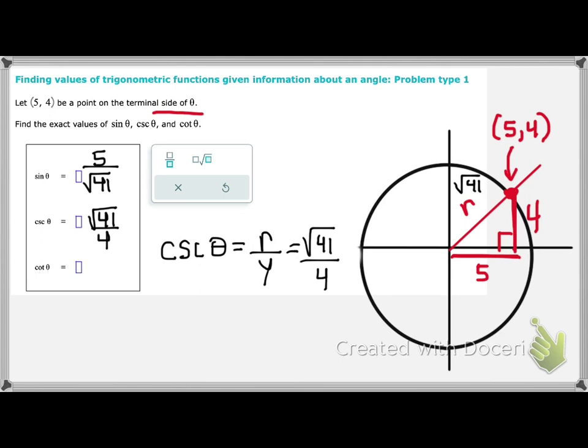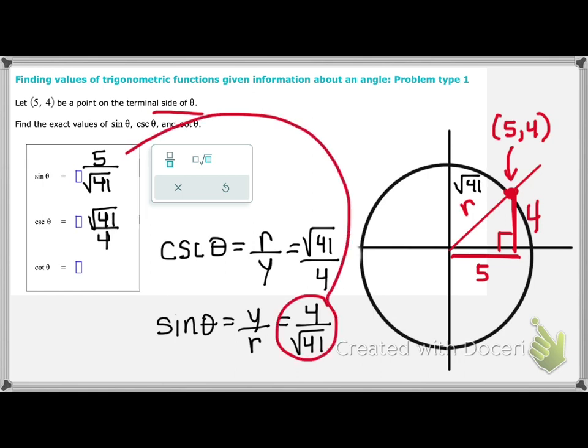Sine theta is y over r, and for some reason I put a 5. But the y coordinate is 4, and r is root 41. So that's what I want there, not the 5. Sorry if you were pulling your hair out for a moment. Let me replace that and call this 4 over root 41.